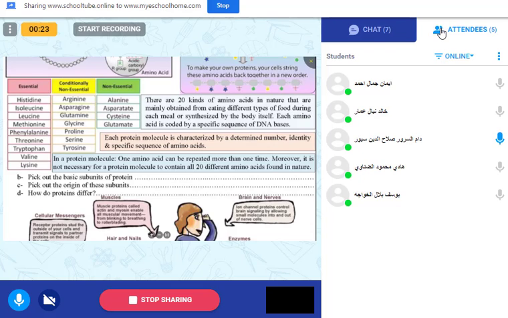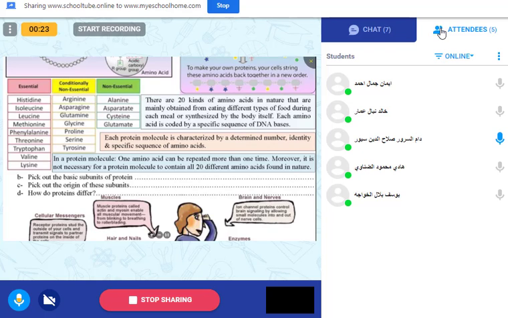Methionine. Yes. Phenylalanine. Threonine. Tryptophan. Valine. Lysine. These are the important and essential amino acids that you have to take from food.